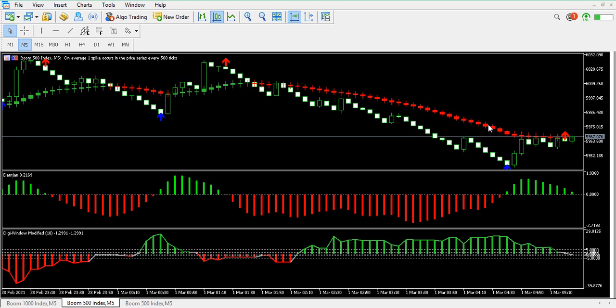So if I'm going to trade right now as I'm recording this video, I'm not going to enter the market, because I'm going to wait for the second line to confirm the trend before I enter and start milking the boom market. This is the Boom 500. Basically, you can use this for Boom 1000, Crash 1000, and Crash 500 as well. This is how reliable and suitable this setup is.